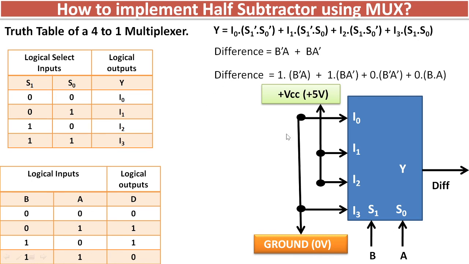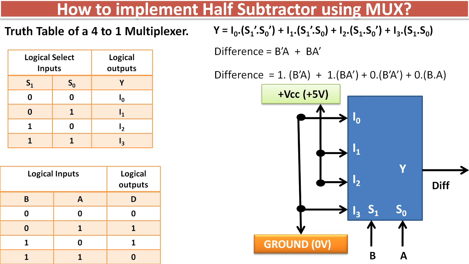The circuit is the same because the expression is the same. So again, using the comparison technique, we will first expand the expression for difference, then we will compare the terms and put the logic at the inputs, which is the same as in the case of half adder for sum.